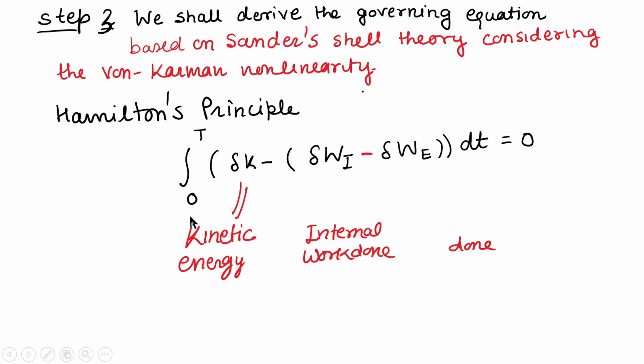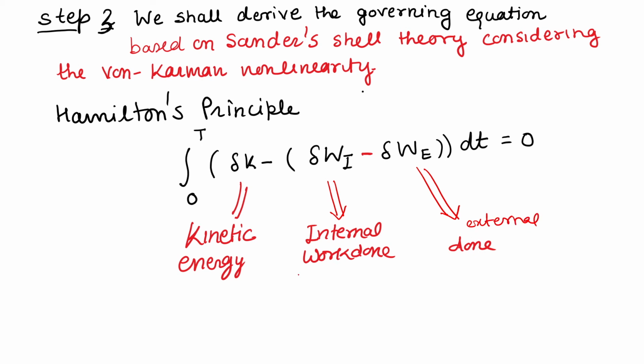As per Hamilton's principle, the first variation in kinetic energy minus potential energy will contain two contributions: the first corresponds to internal work done and the second corresponds to external work done.